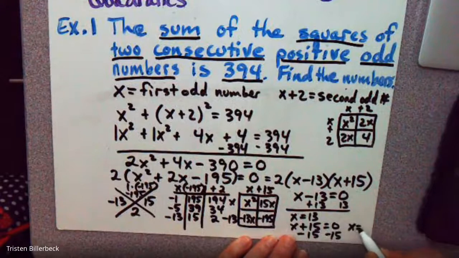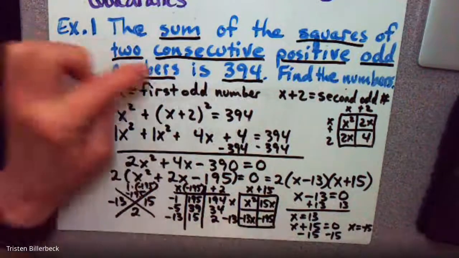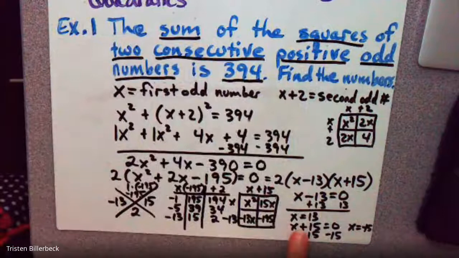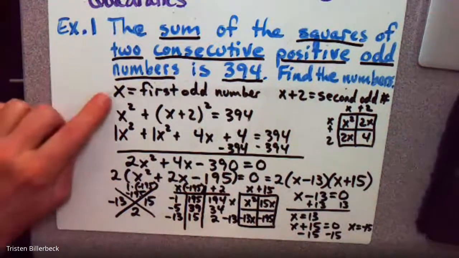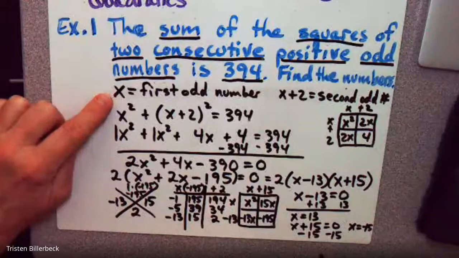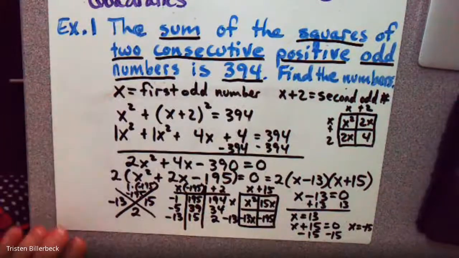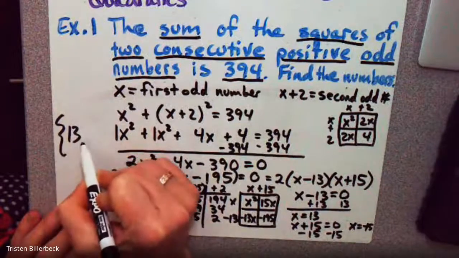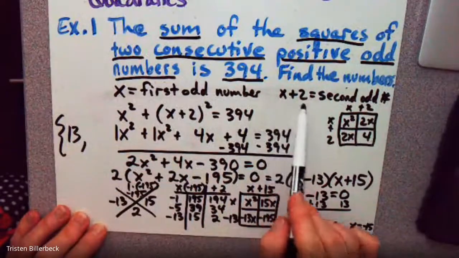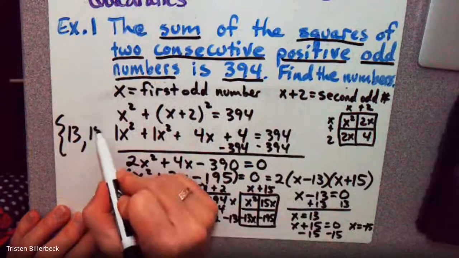So x would equal negative 15, but the question said it was positive, so it has to be the positive 13. So this negative 15 is an extraneous answer, okay? So that means that the answer for our lower number, x, which we defined as the first odd number, is 13. And the second odd number is 13 plus 2, which is 15.